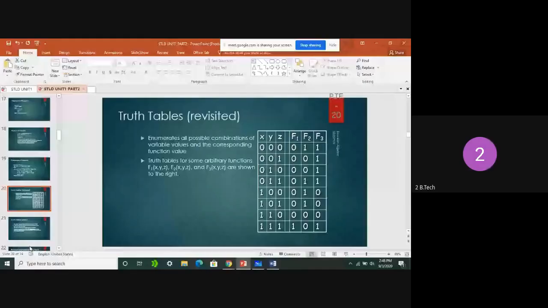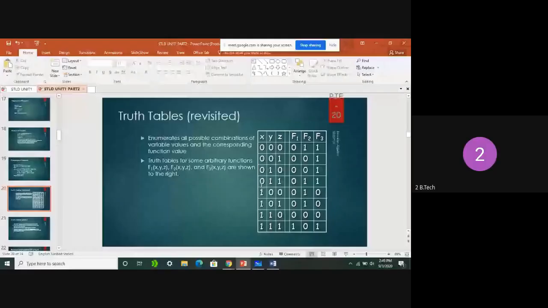If 3 inputs are there, how many combinations are there? 8, sir. 8 combinations. The first combination is 000, the second is 001, the third is 010, the fourth is 011, and the fifth is 100, and so on up to 7. 0 to 7, a total of 8 combinations for 3 inputs.